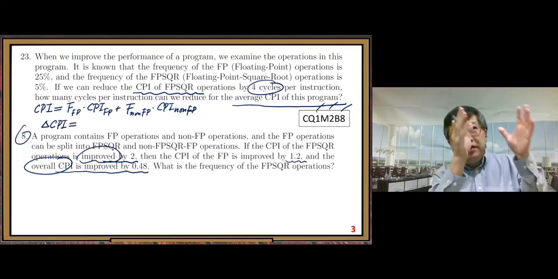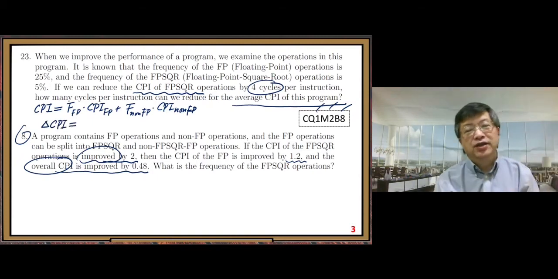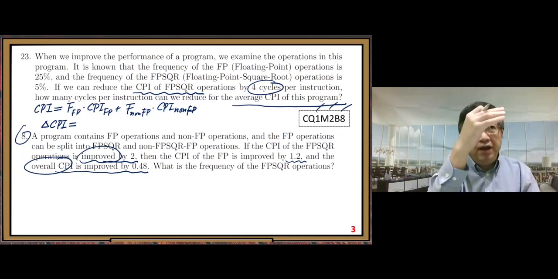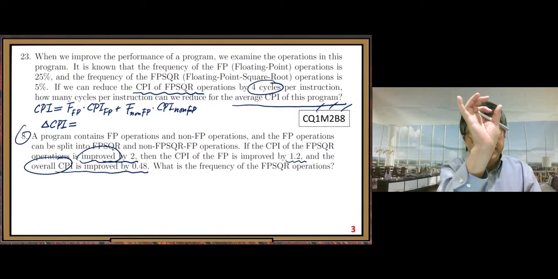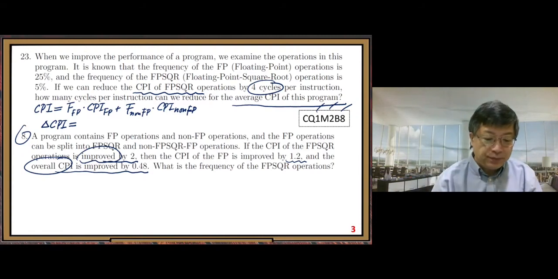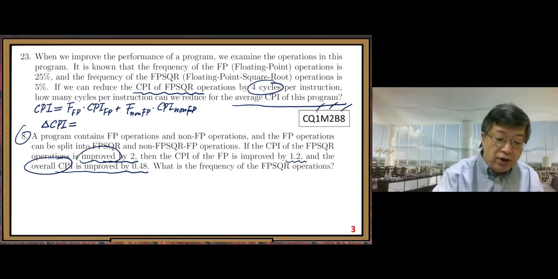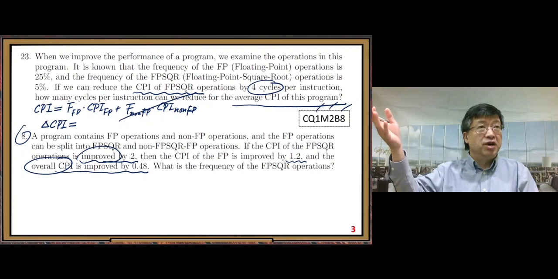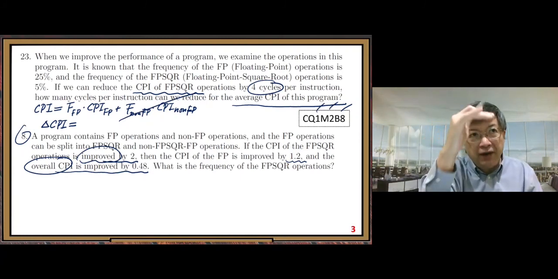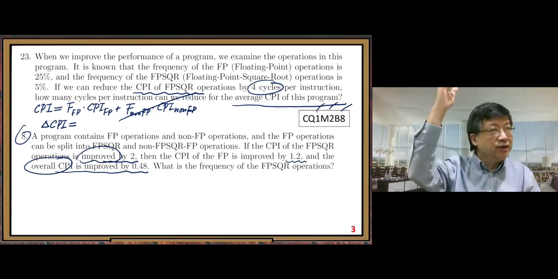In math, delta means difference. We frequently use the delta symbol to represent the difference of two similar variables, CPI here, two versions of CPI. When we take the difference, the second term is gone, cancellation, because the second term is exactly the same in the old and new versions.